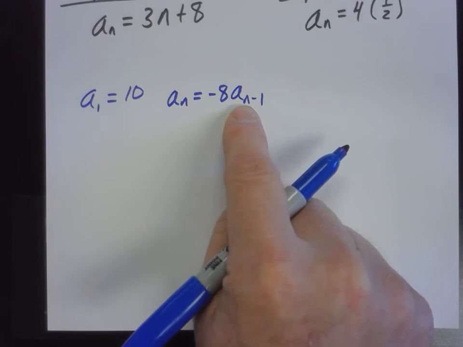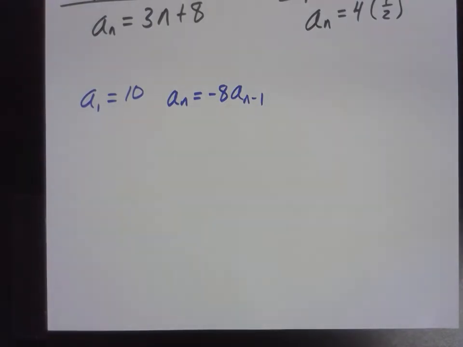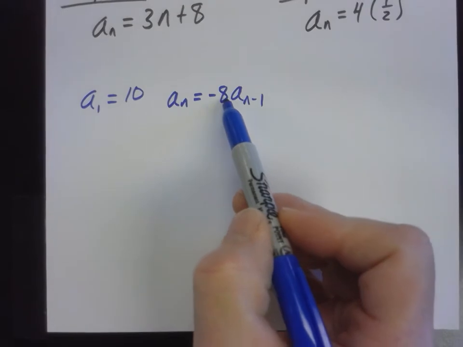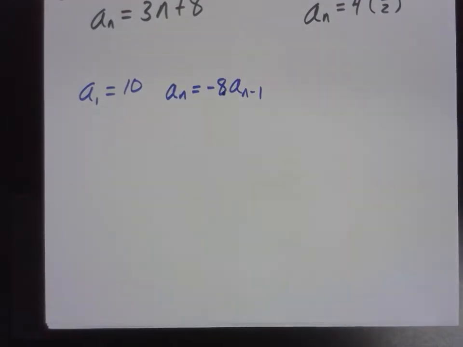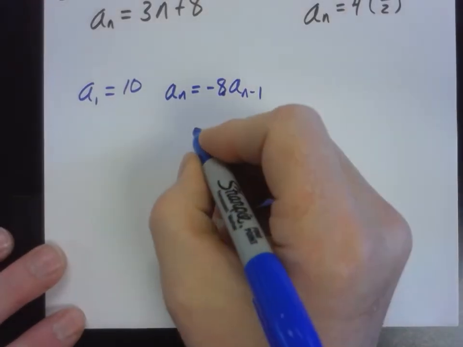Now, this isn't an exponential function because we have a negative common ratio here. So you couldn't graph it and have it be that nice pretty curve. It's going to be jumping back and forth. Your output's going to be positive and then your output's going to be negative. Okay? But it's still a geometric sequence. That makes sense?